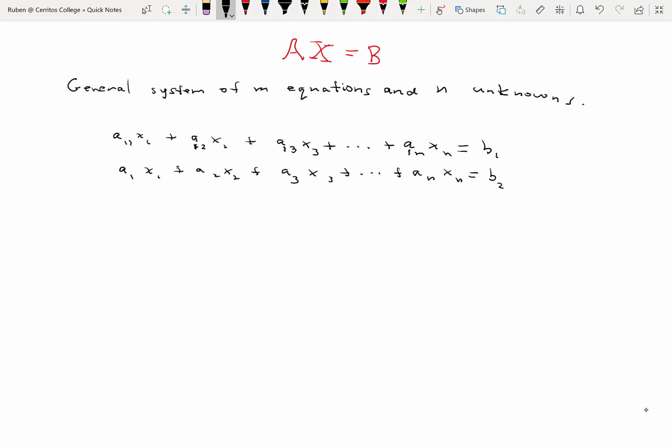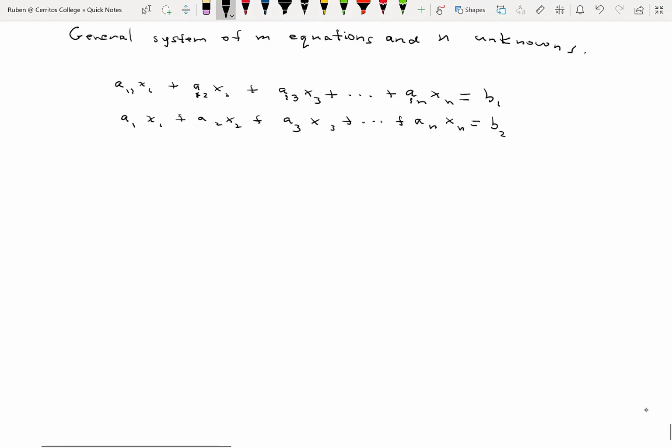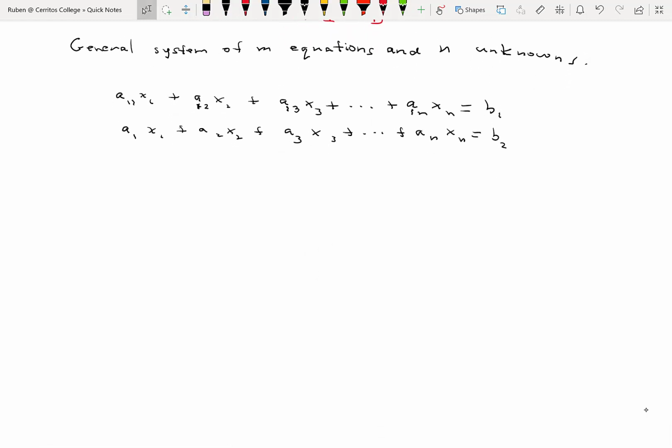So what will the coefficient of x1 be in the second equation? Will it be a12 or will it be a21? Well, if you caught what I said about the first equation, the first subscript tells you what equation you're talking about. So it's a21, and then a22, and then a23.